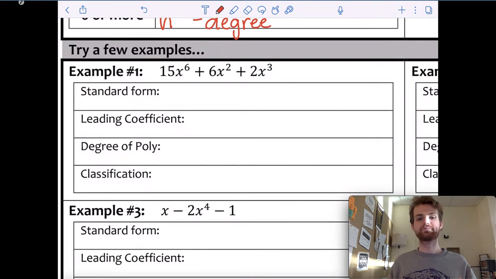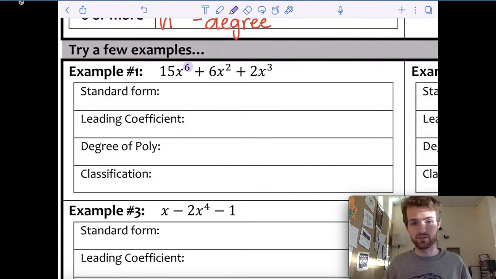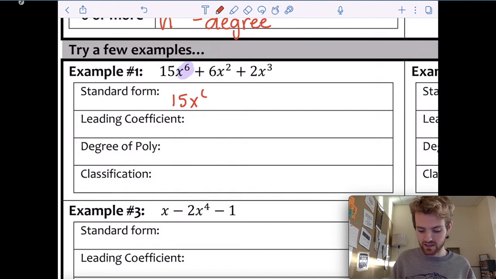Standard form. Here we are ordering these 3 terms by the size of the exponents. So we start with the biggest. Here, the biggest exponent I see is that x to the 6th power, so I start by writing that. The next biggest I see is x to the 3rd power, so I write that next.